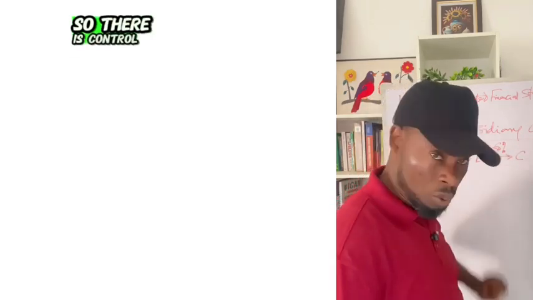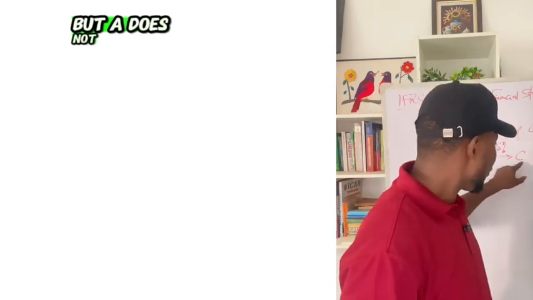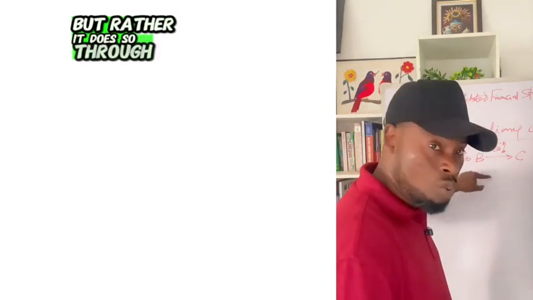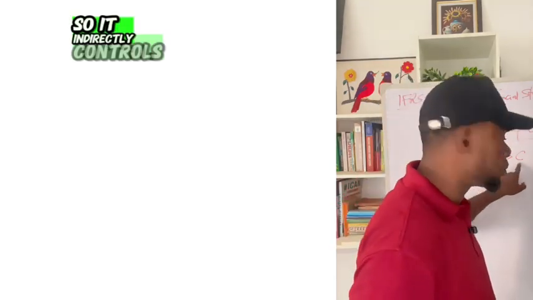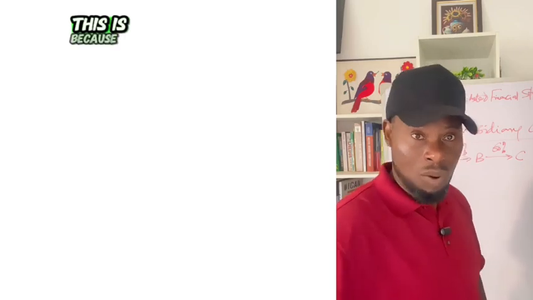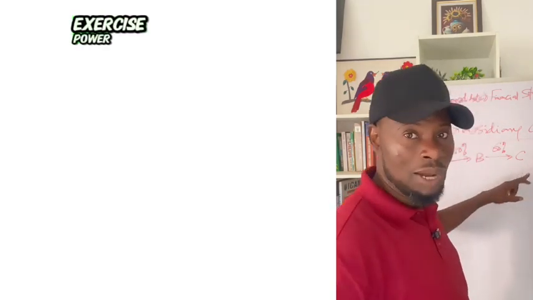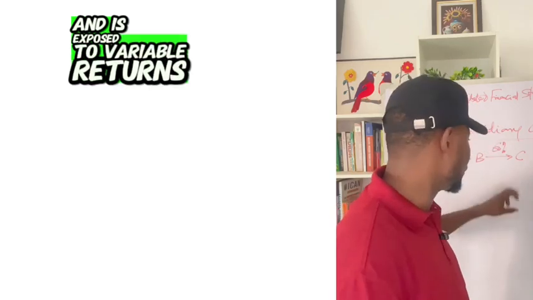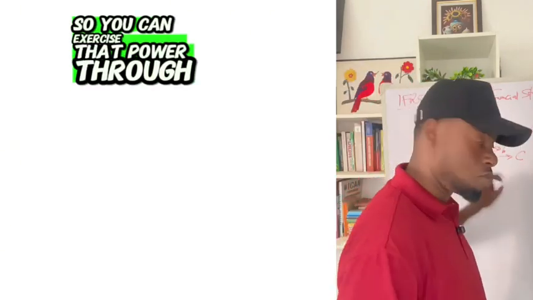So there is control. But A does not control C directly, but rather it does so through a subsidiary called B. So it indirectly controls C. This is because A can do everything it wants to exercise power to affect variable returns and is exposed to variable returns of C through B. So it can exercise that power through B.